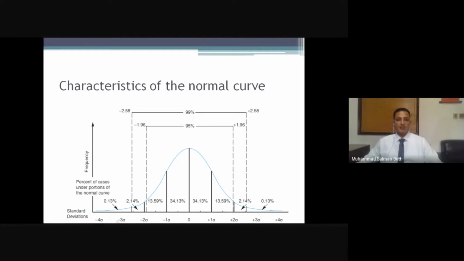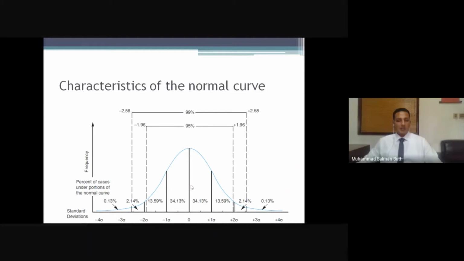I will explain it later; this is related to the standard deviation. I'm talking about the mean at present. When you take the average of all the values, you get a mean value which is located in the very center of this graph. In a normal distribution curve, your mean, median, and mode are equal.